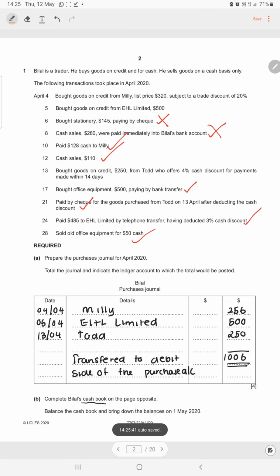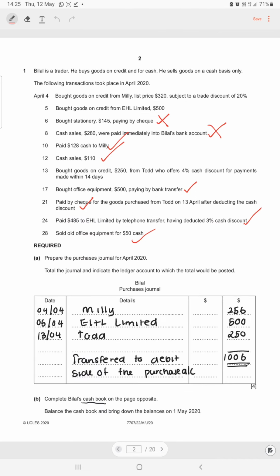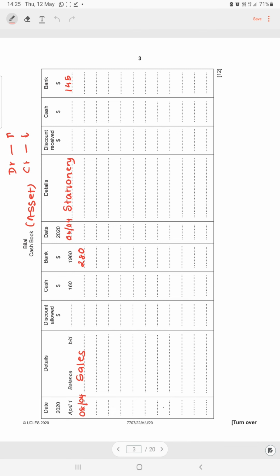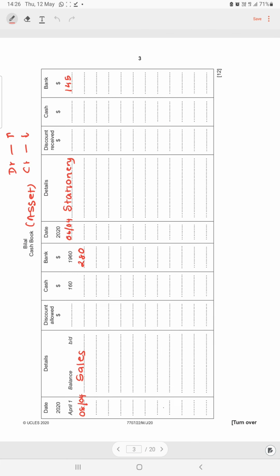Next, we paid $128 to Millie. It doesn't say paid by check, which means it's paid by cash. So when you pay, what happens again? Your cash balance decreases. On the 10th of April, we paid Millie.